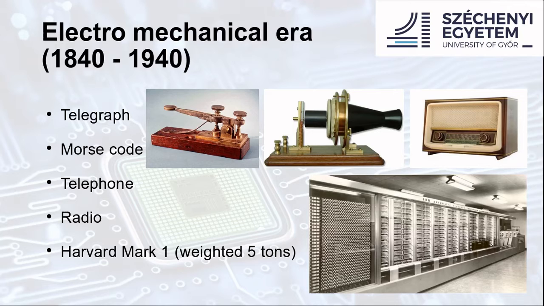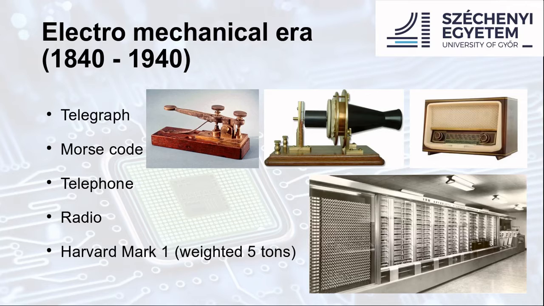The electromechanical age can be defined as the time between 1840 and 1940. These are the beginnings of telecommunication. The telegraph was created in the early 19th century. Morse code was created by Samuel Morse in 1835.